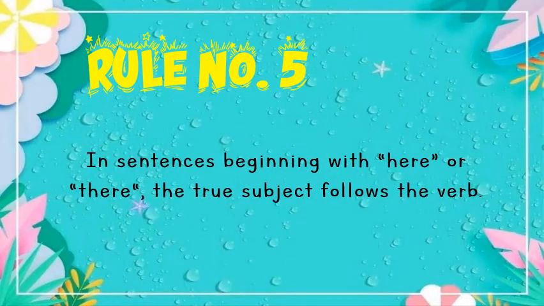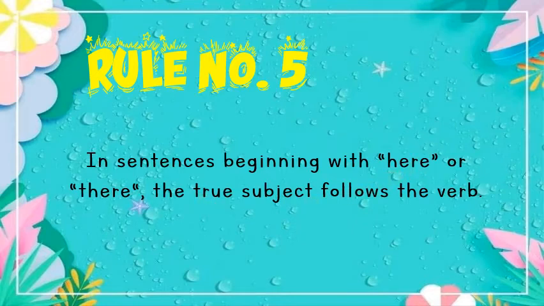Rule number 5. Okay, rule number 5, in sentences beginning with here or there, the true subject follows the verb. Kalau ayat yang bermula dengan here or there, we don't treat them as true subject.